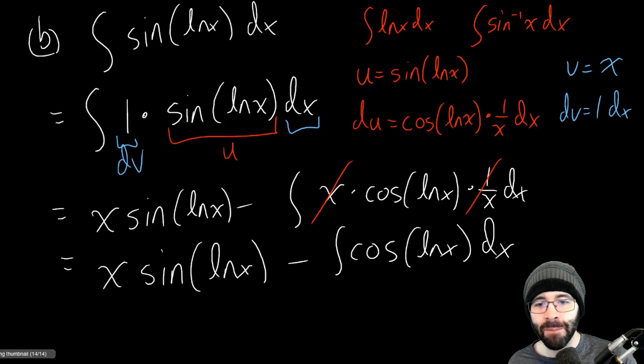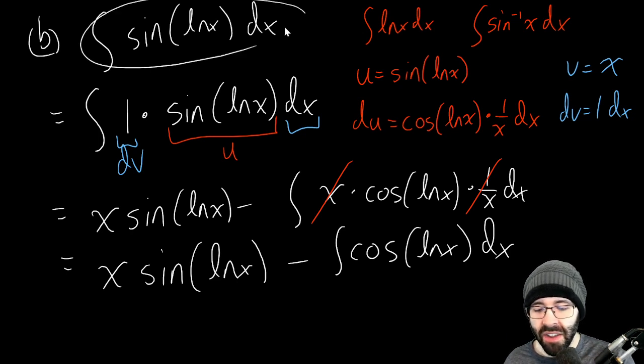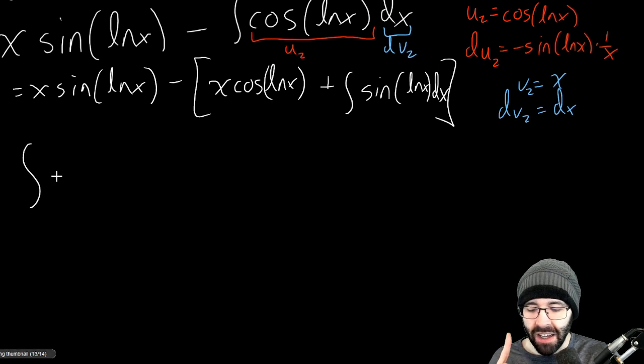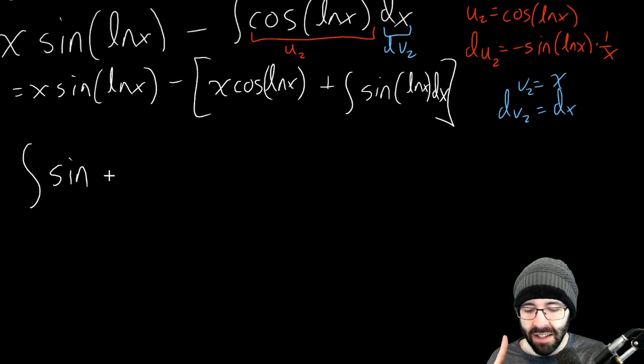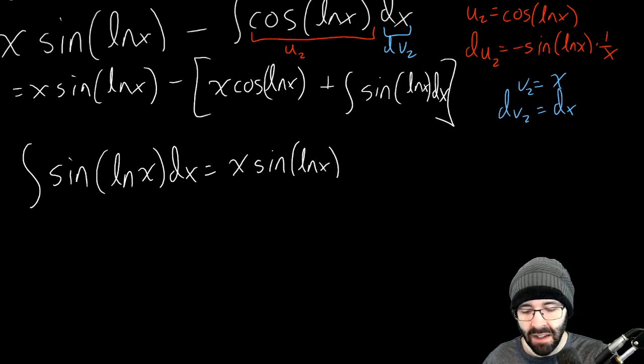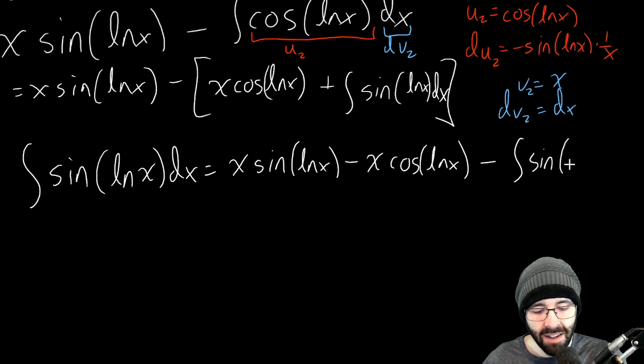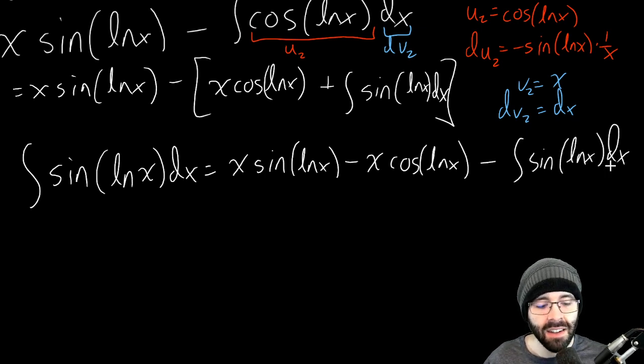What have we shown? These are all connected with equal signs. All of these things are equal. So we know that the integral of the sine of the natural log of x dx, this is what we've shown, is x times the sine of ln x, let's distribute that negative, minus x times the cosine of ln x, minus the sine of ln of x dx.